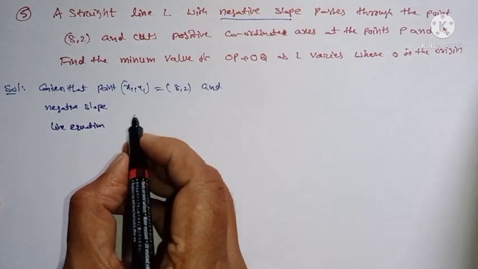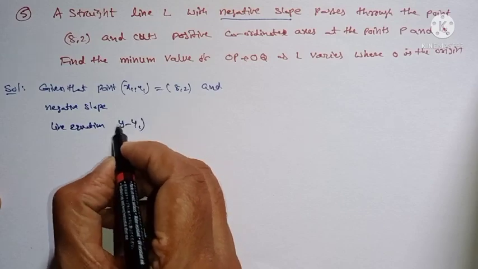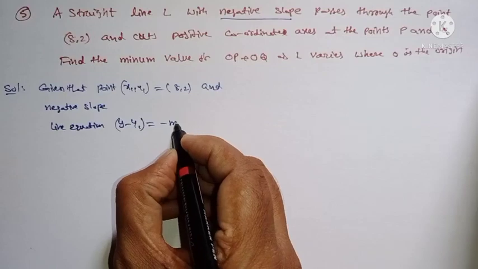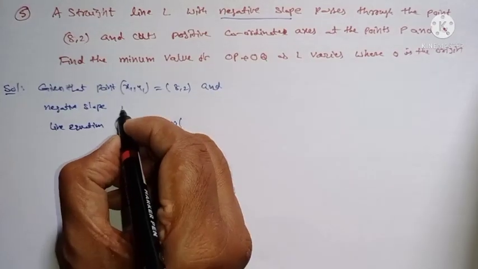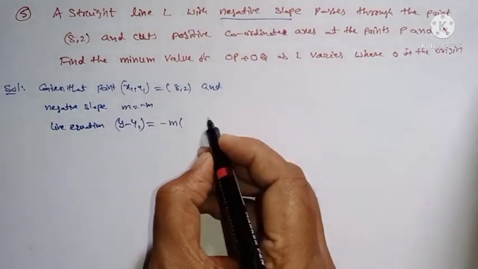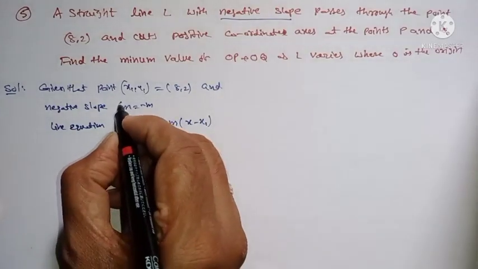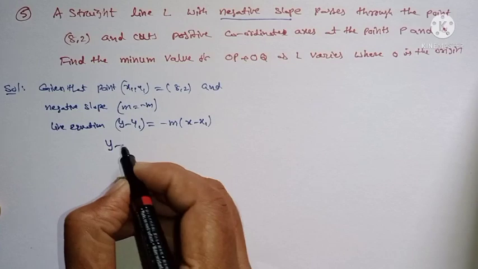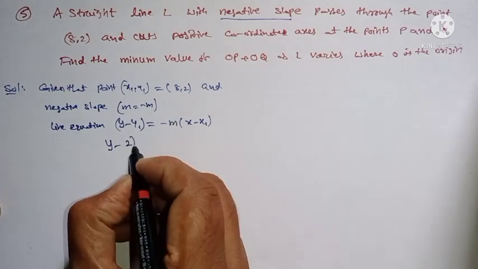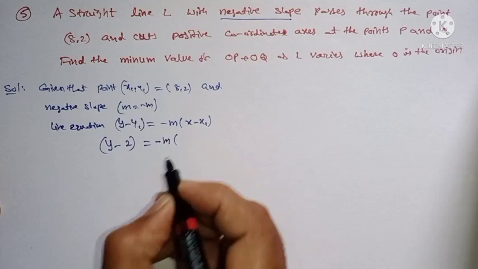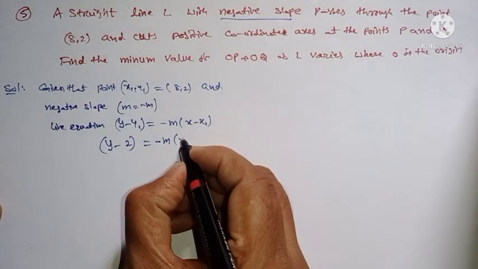Line equation: y minus y1 is equal to minus m, because the slope is minus m, times x minus x1 as it is. With the negative slope, y minus y1 is nothing but y minus 2 is equal to minus m, you don't know m, times x minus x1.